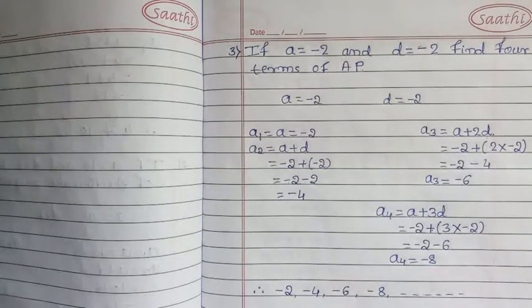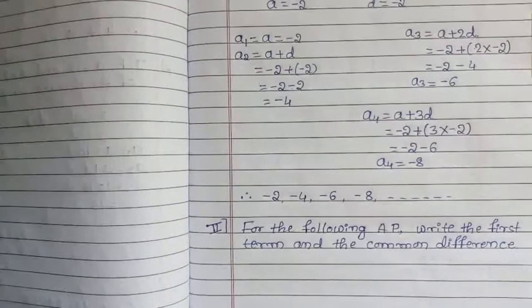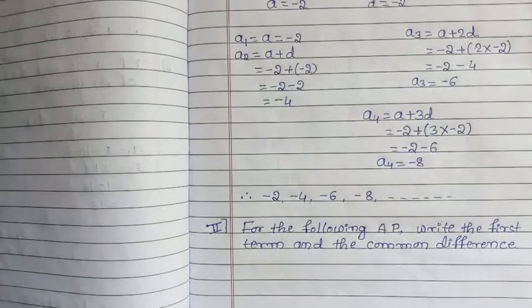Now we are going to another type of example. Here they say: for the following arithmetic progression, write the first term and the common difference. Here they are given an arithmetic progression.